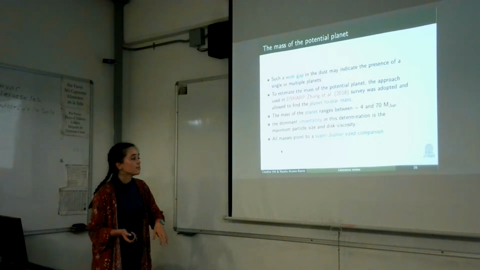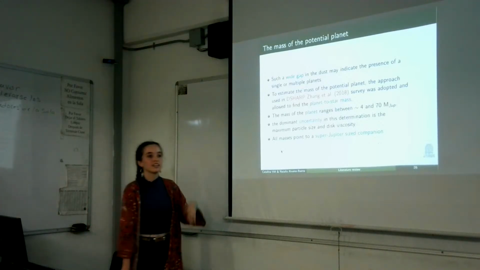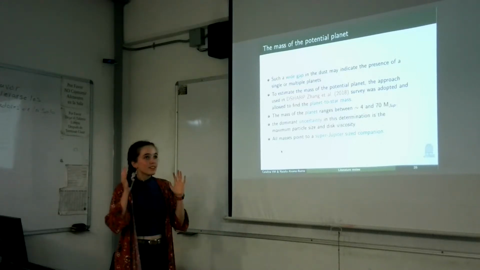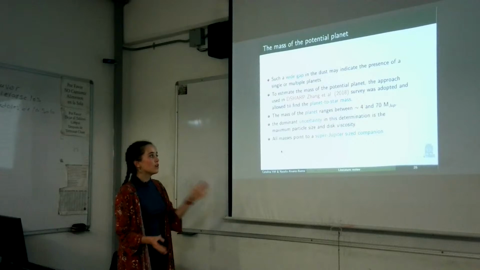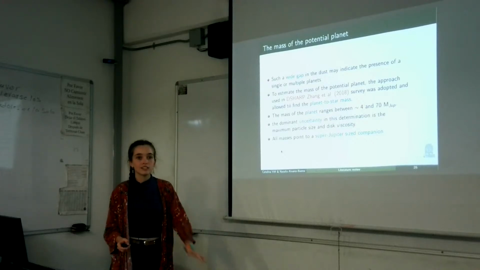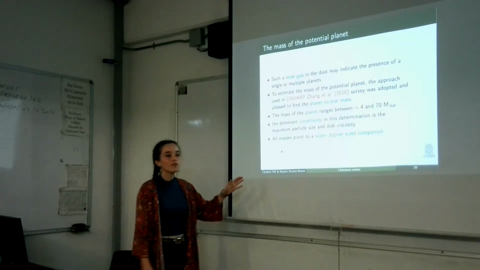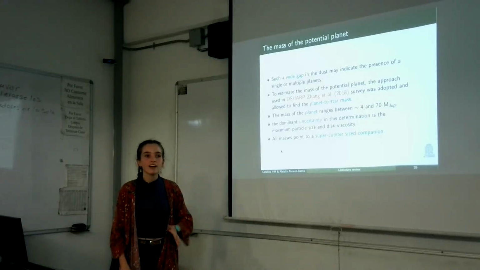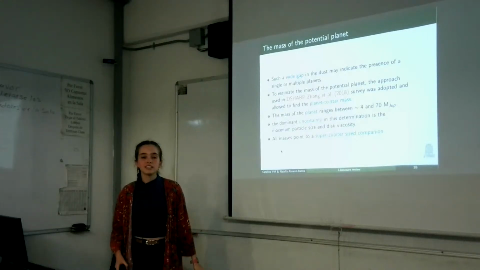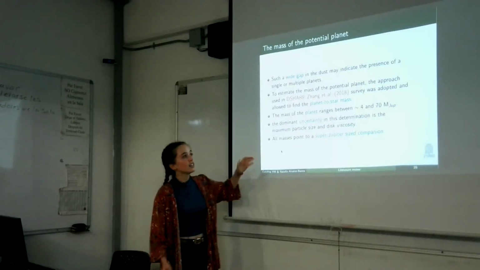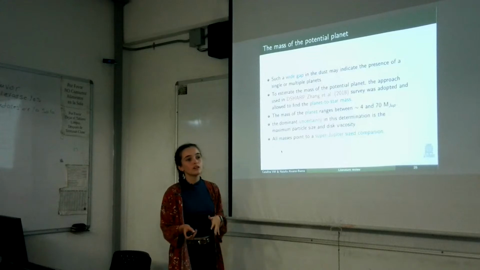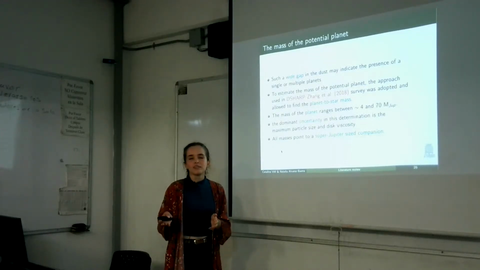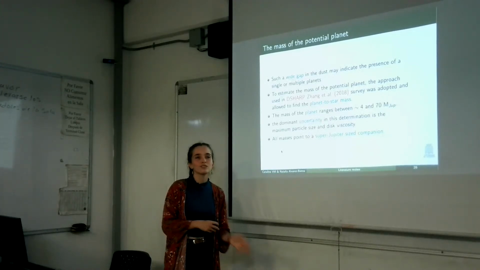Okay. And for the potential planet, they found that the mass points to be a super Jupiter-sized companion. As I told you before, the source given by the VLA data was so amazing that they could calculate that it could be a super Jupiter or a small brown dwarf.